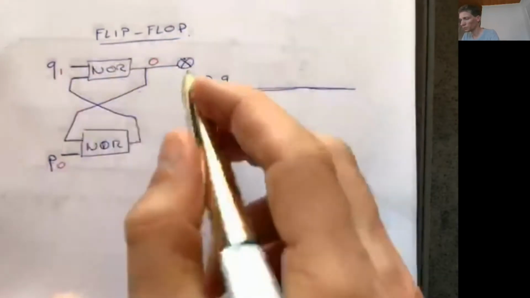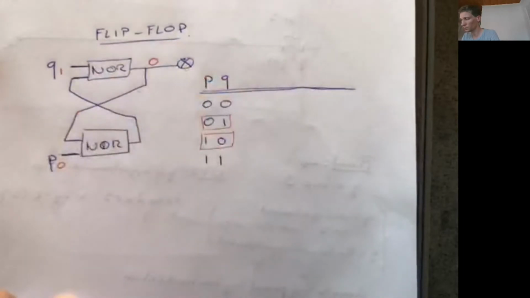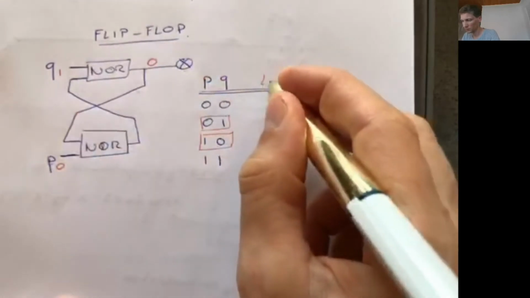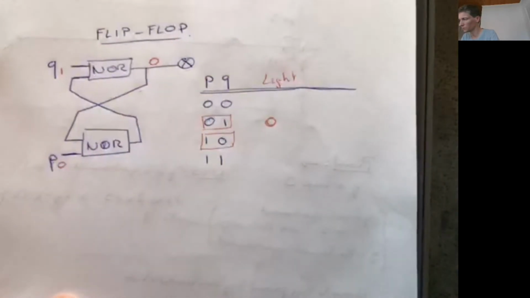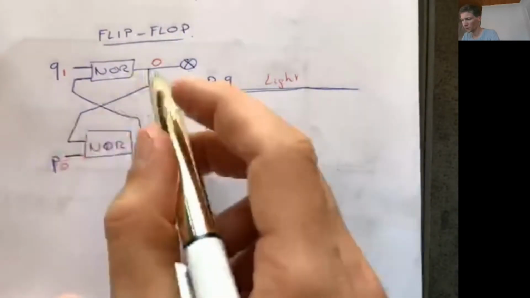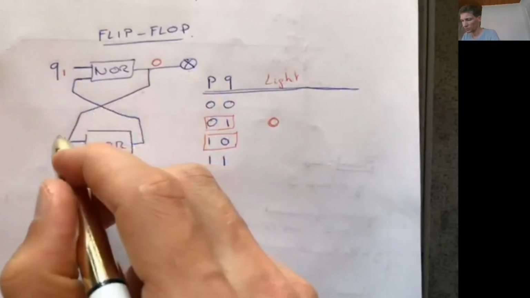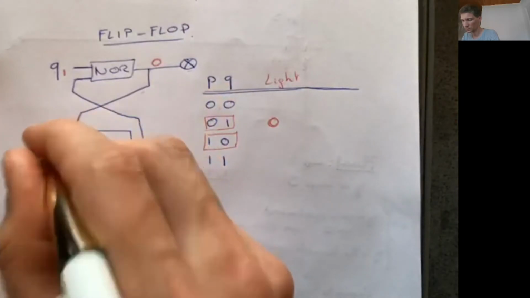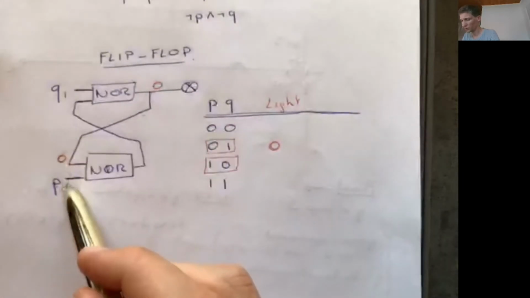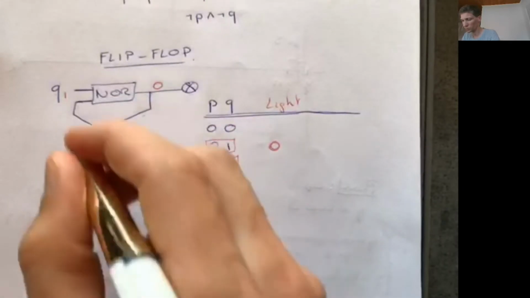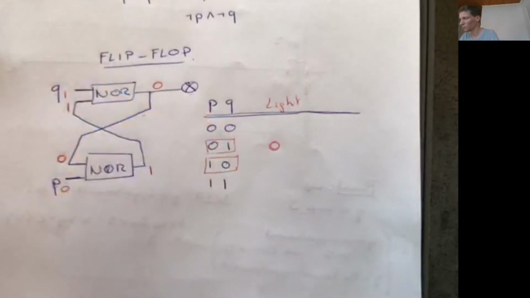So the light will not burn. Okay, this 0 goes into this NOR gate. Both inputs are false, so the output here will be equal to 1, and we will have a 1 here. So this is the first state.